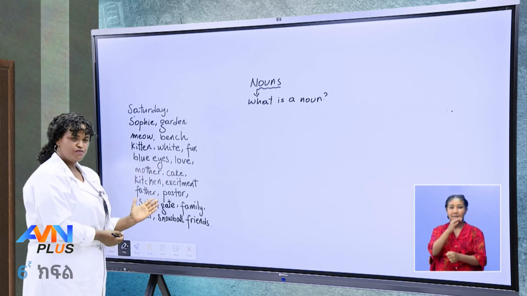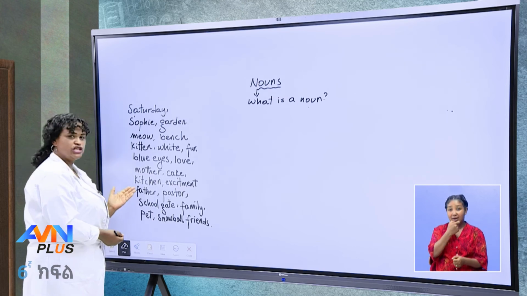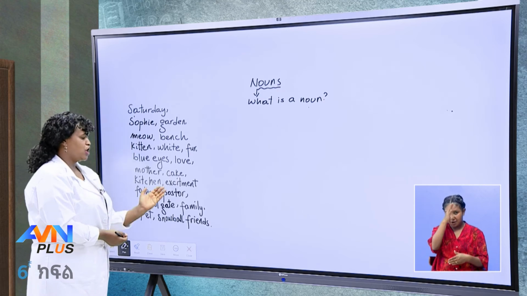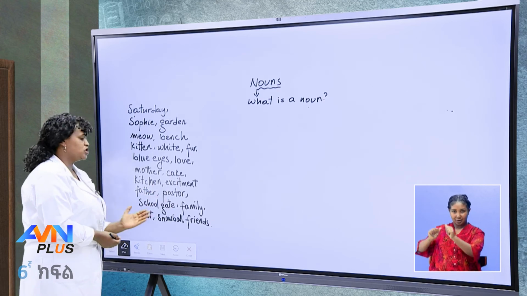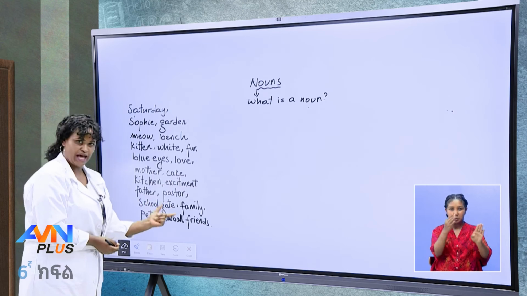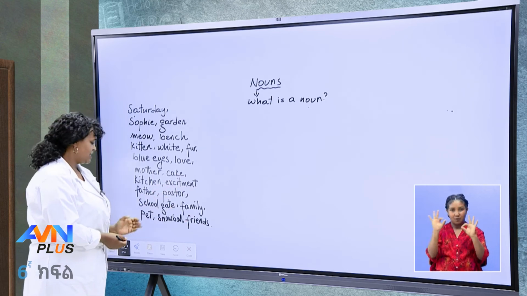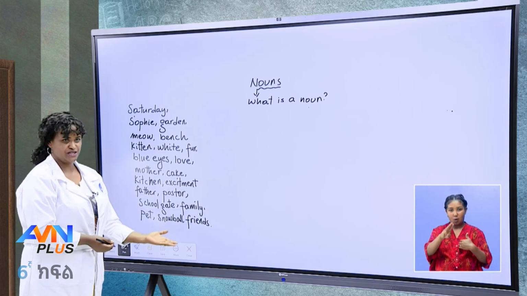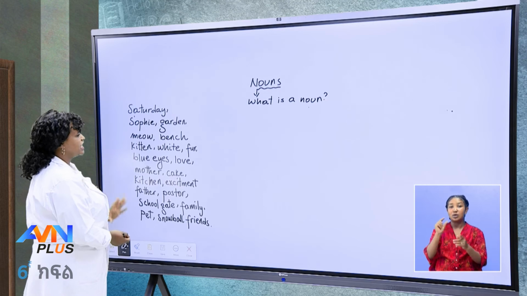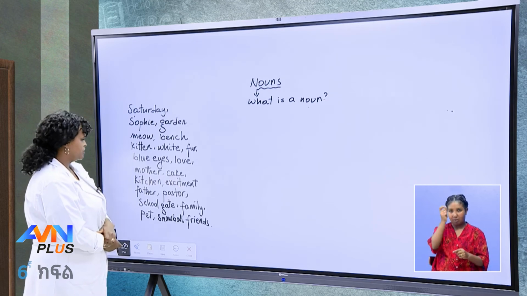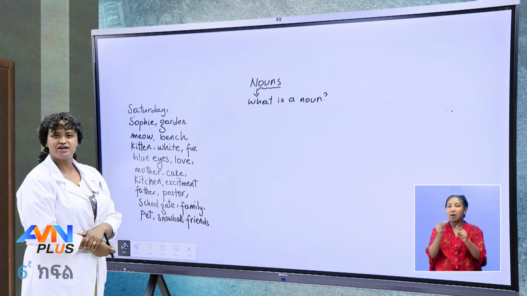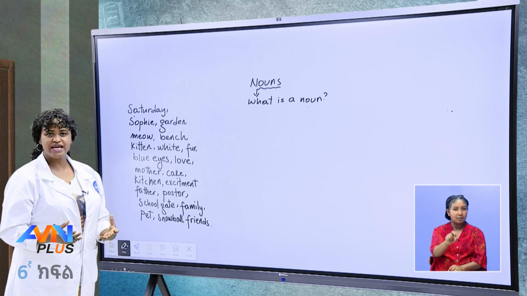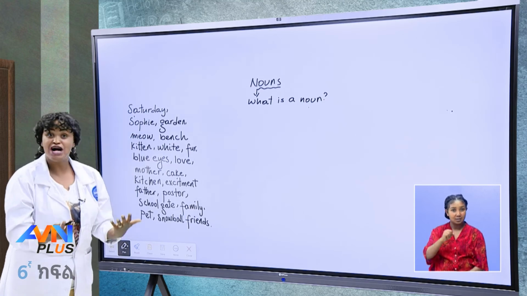Love, mother, cake, kitchen, excitement, father, poster, school gate, school and school gate, family, then pet, snowball, and friends. These were the words that were written in bold. What do you think are these words? What are they? For example, when we say Saturday, what is it? What is Saturday? It is a name of a day.